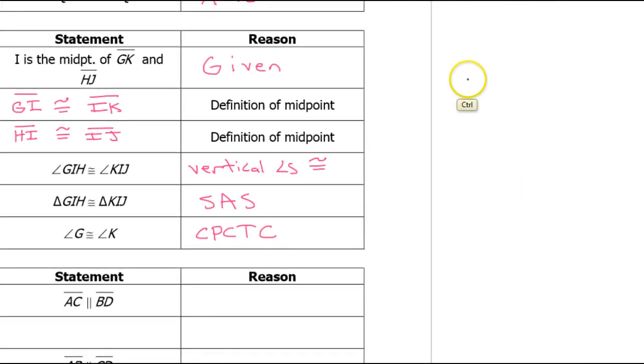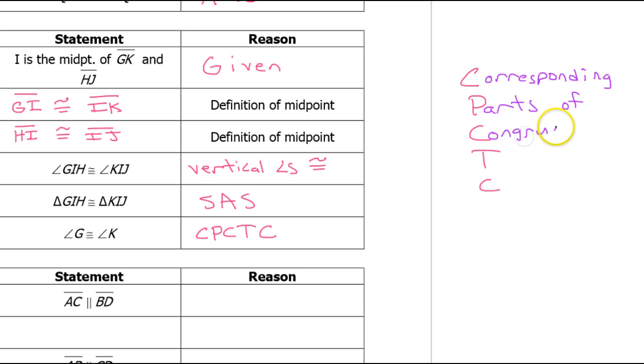So I just wrote down this CPCTC, and that, one more time, stands for corresponding parts of congruent triangles are congruent.